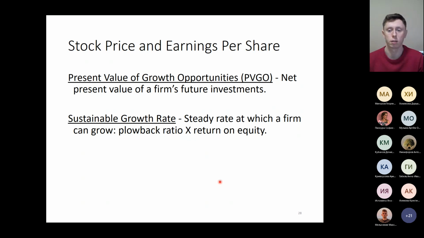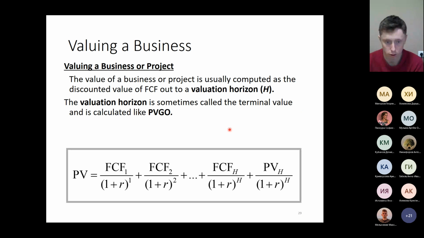If we assume that the firm would reinvest some money back into the business, then we have growth, and we can estimate the money that this growth would generate. Also we can estimate this growth itself. The present value of growth opportunity is usually estimated in monetary units, in dollars, rubles, or wherever. The growth rate is estimated as a percentage rate, and this is the plowback ratio multiplied by return on equity, something that we just discussed.